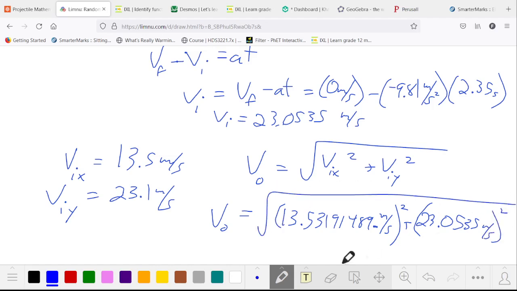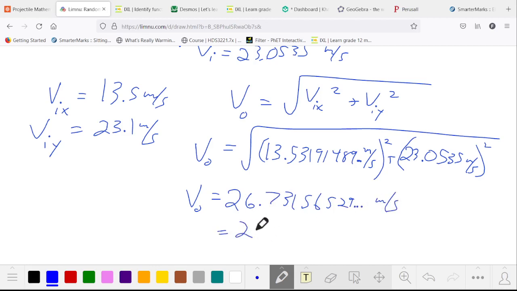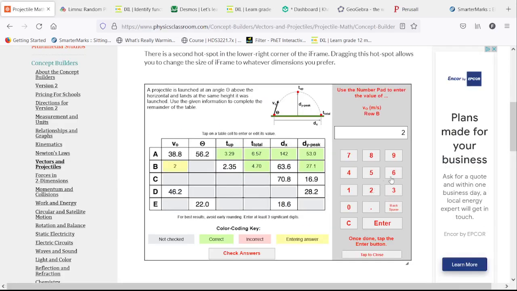We take the square root of that. So we have the square root, just running all that through the calculator. It's 26.7315659 meters per second, or 26.7 meters per second. So we could fill that in here, 26.7.